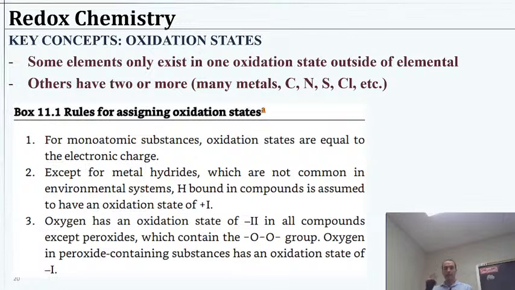For everything except metal hydrides, so metals bonded with H, anything bound to H is assumed that the H has a +1 oxidation state. So we saw H is really not very electronegative. It's all the way on the left side of the periodic table. So it's going to almost always give away its electron so that it can satisfy somebody else's unpaired electron.